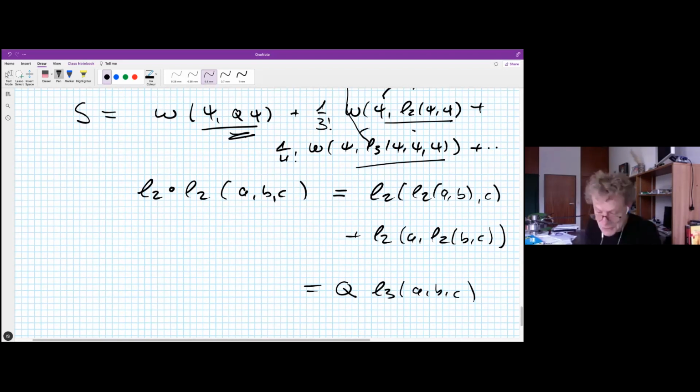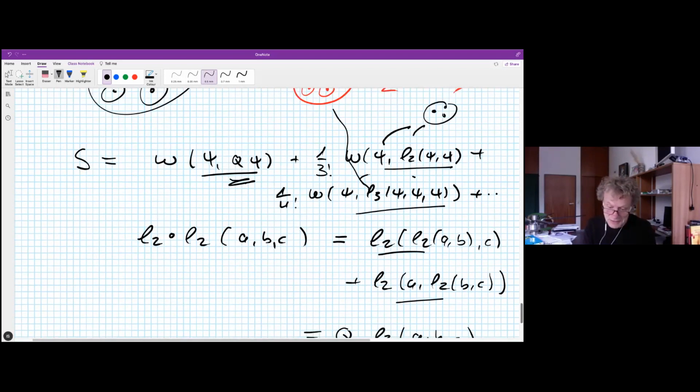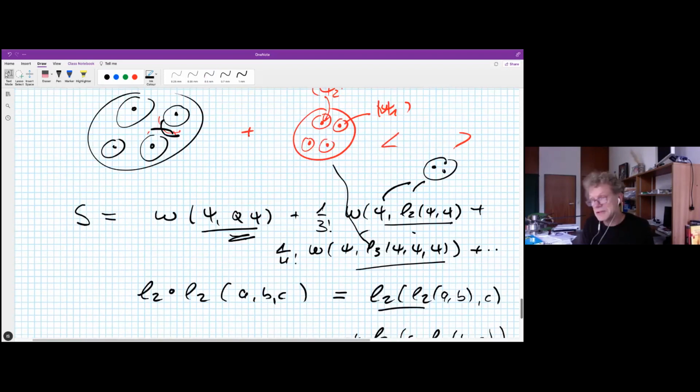So you have non-associativity. These two things don't give the same result. That's just what comes out. So there you see that this theory is apparently non-associative, because these vertices, which you get by doing this decomposition, is just the way it is.